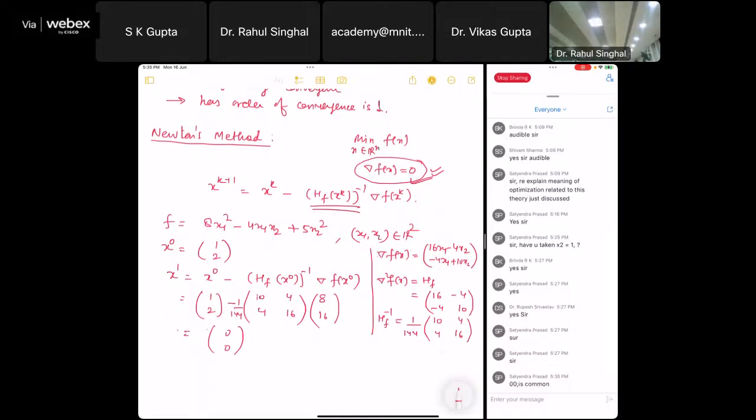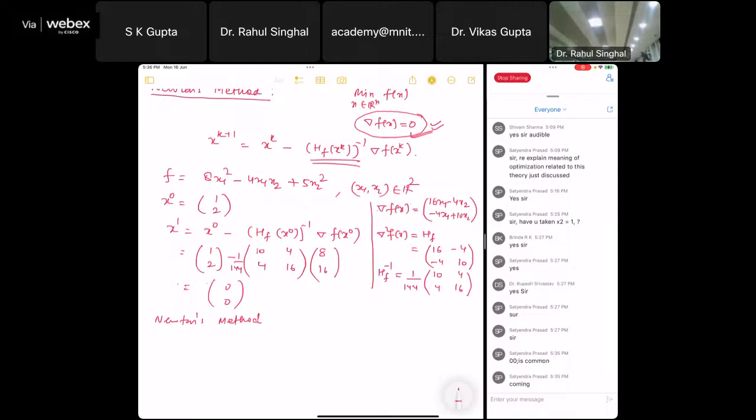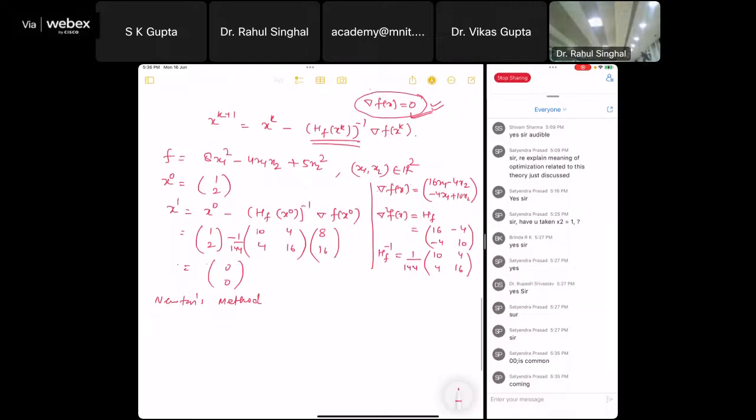So Newton's method is, of course, globally convergent. Again, Newton's method is globally convergent, first of all.